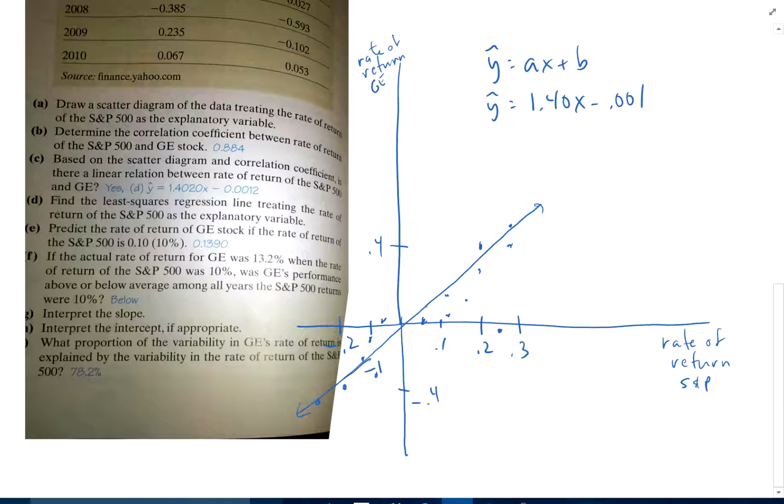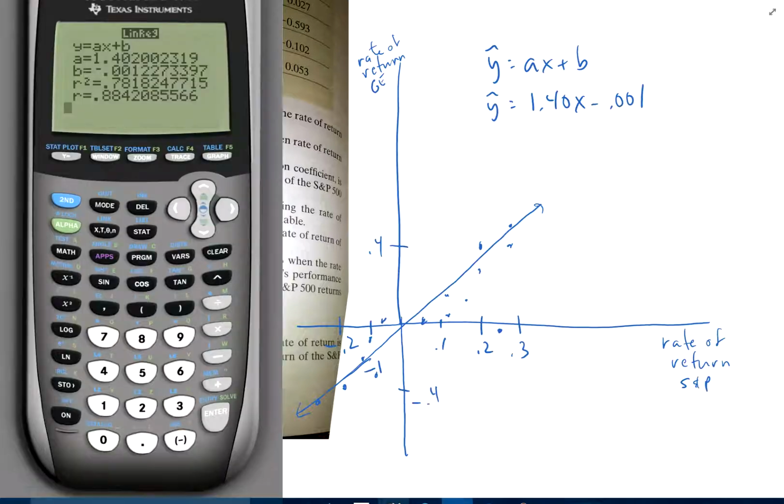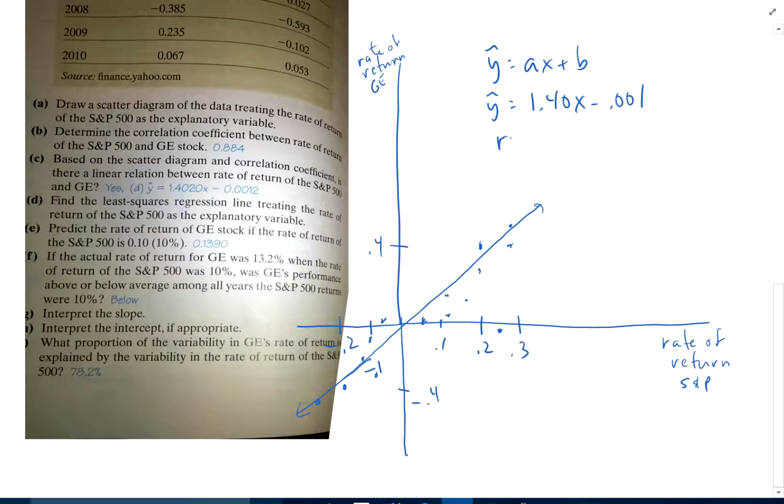And that actually matches up with my line pretty nicely. Just remembering x is the rate of return for S&P, y is the return for GE, and R is 0.88. So reasonably strong, not 0.9 or better, so not super strong, but not bad.